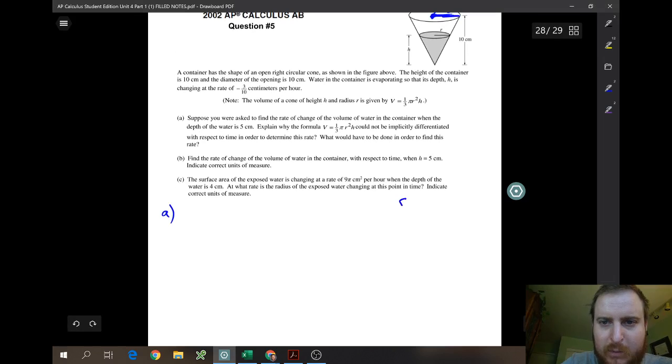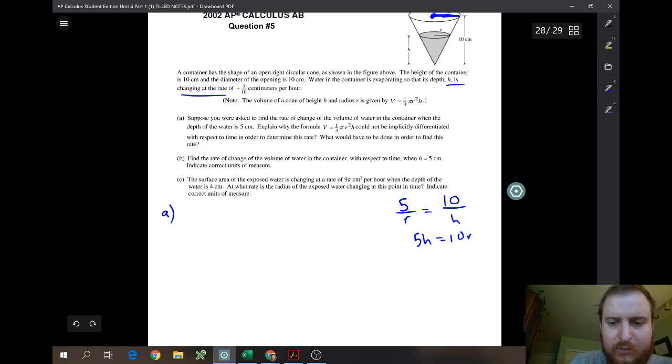So the big R, 5 over little r, equals 10 over little h, and if we cross multiply we'd get 5h equals 10r. And they gave us dH dt. So we would want to replace r. So if we divide by 10, we get 1/2 h equals r. So that's kind of what we're going to be plugging in.